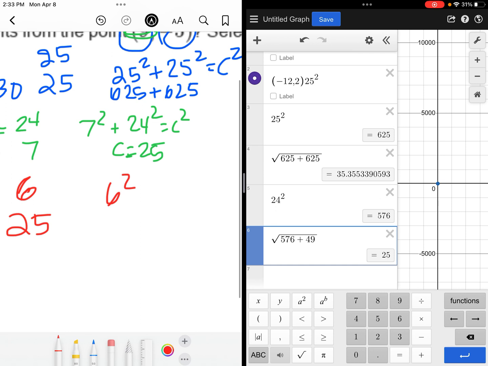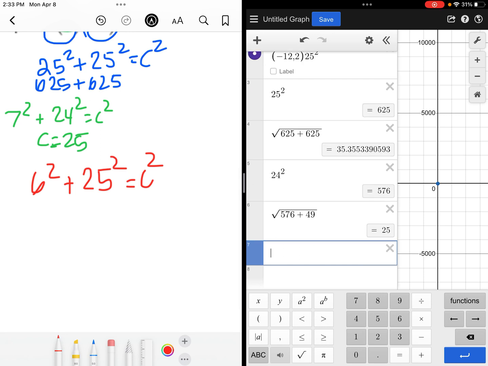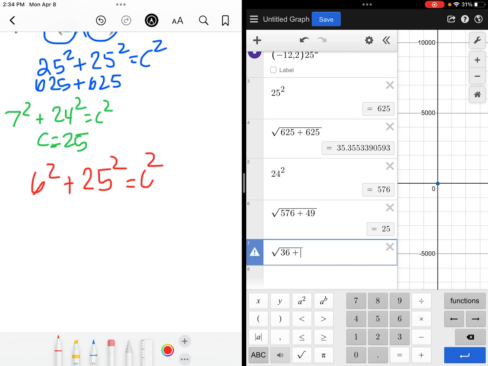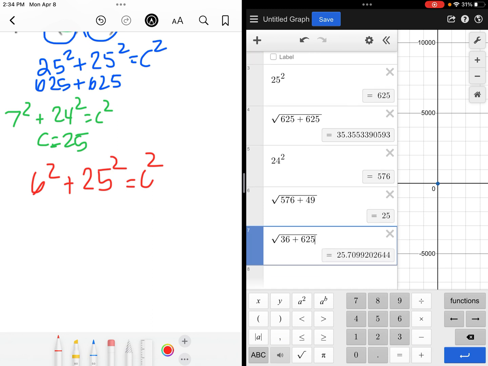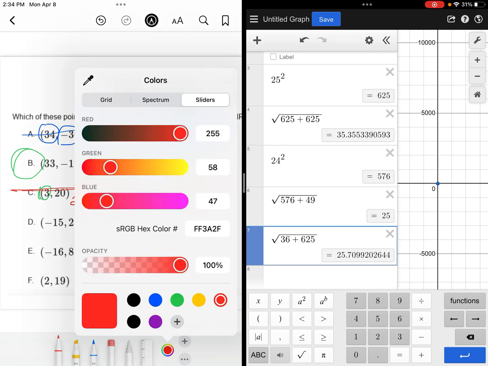So 6 squared plus 25 squared equals c squared. So the square root of 36 plus 625, and I get 25.7. So C is out.